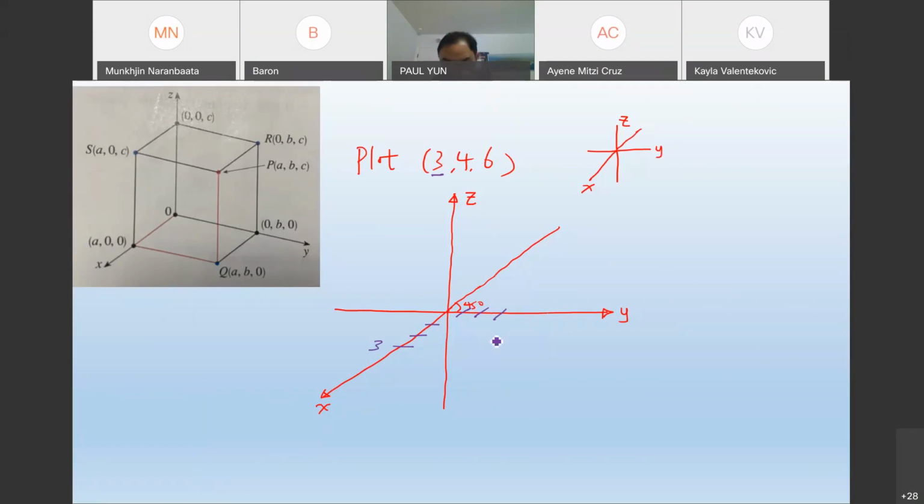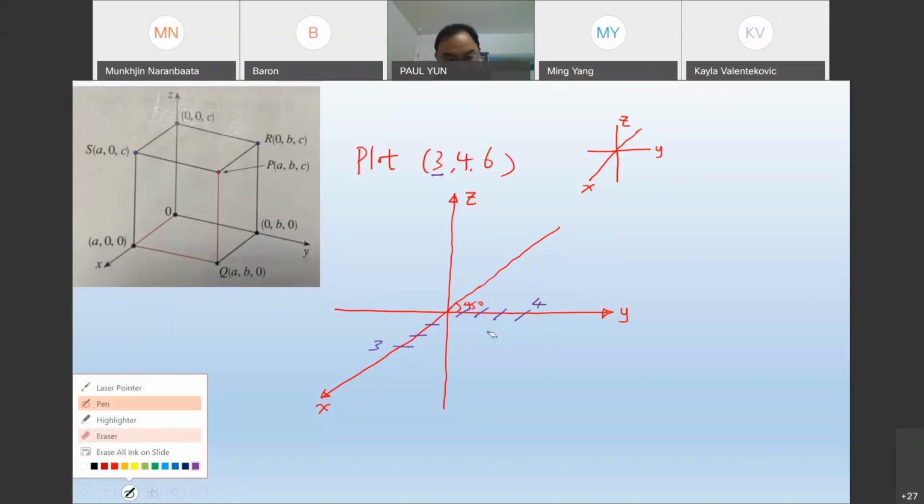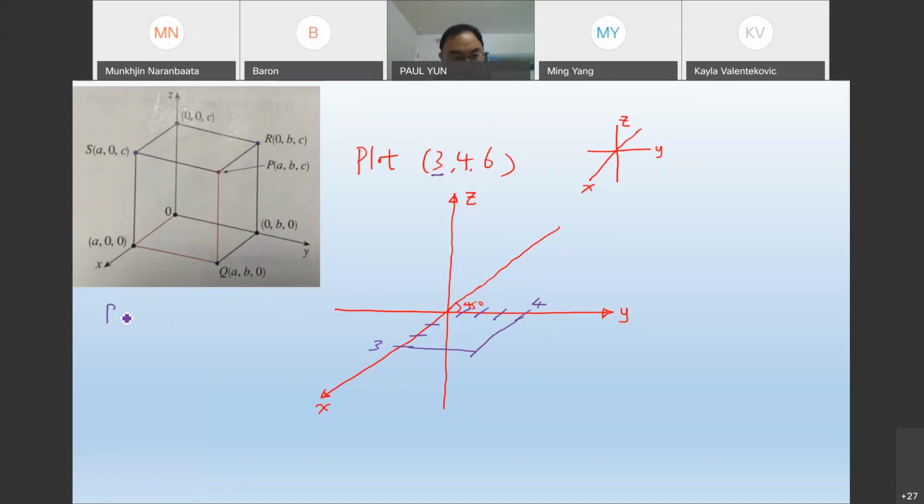And then you could connect the parallelogram. What do you know about the parallelogram? Opposite sides are parallel.